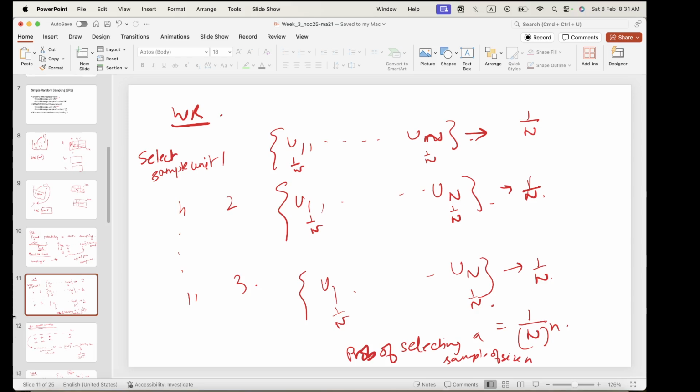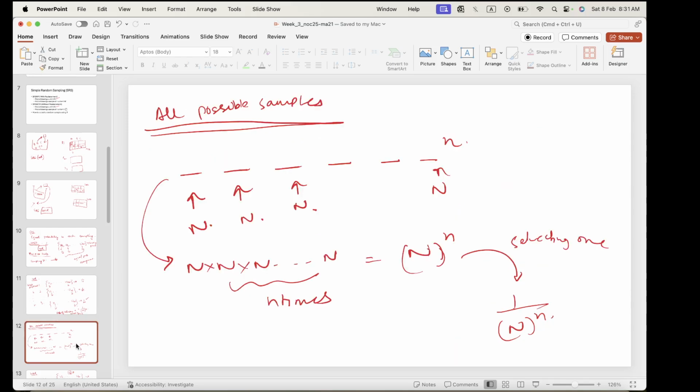Now the next is probability. This is the probability of selecting a unit, and this is the probability of selecting a sample. A sample consists of small n units.